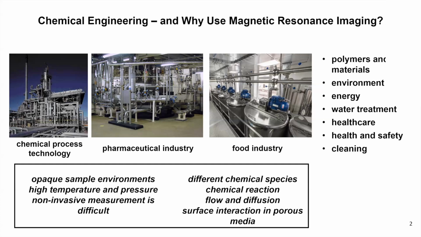But if you think about looking at chemical species, obviously spectroscopy gives us information about chemistry and chemical reaction. Mass transport, well, we can do flow and diffusion measurements to understand more about those. And actually in relaxation measurements, you can get a lot of information about surface interactions as well. So it provides this really unique measurement technology, which can be used in lots of different ways to help understand chemical engineering systems.